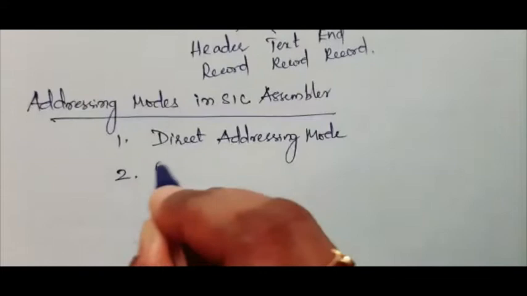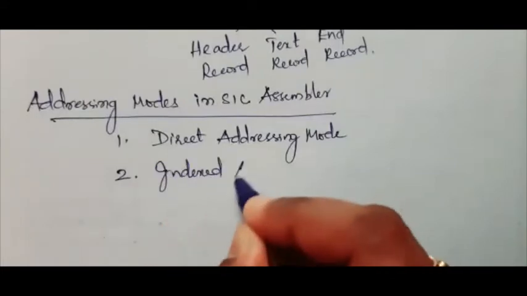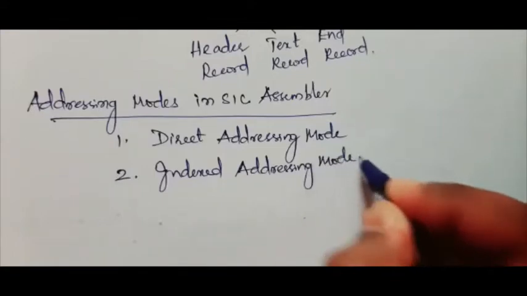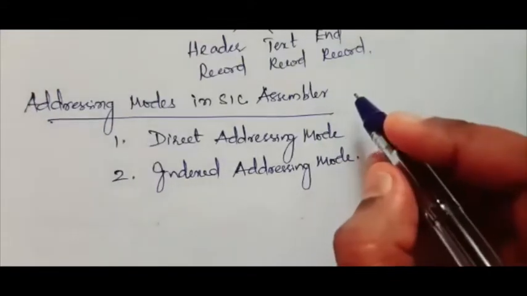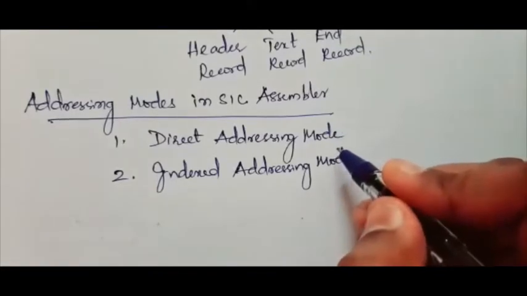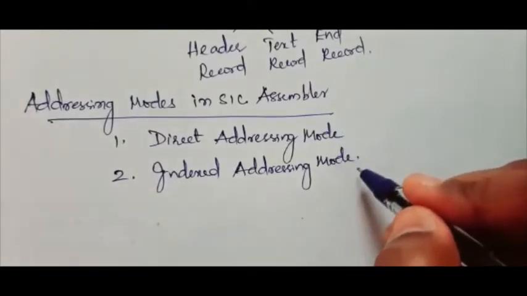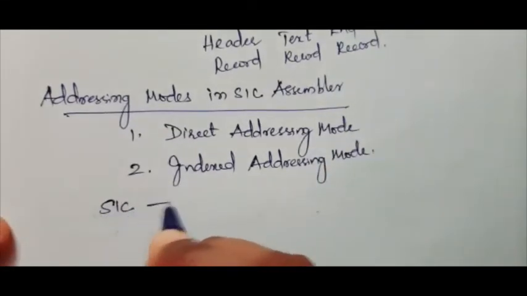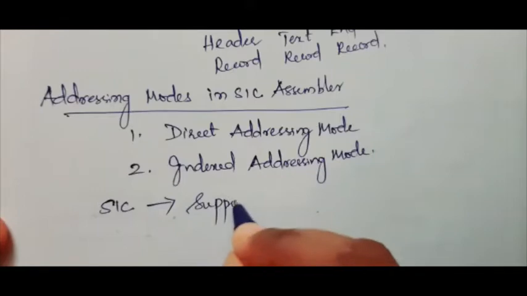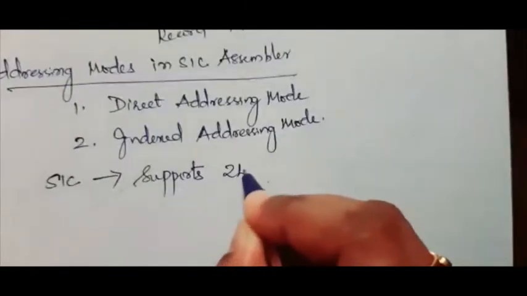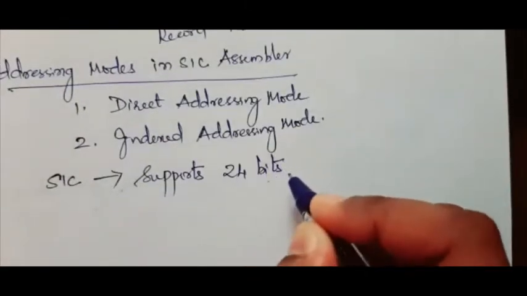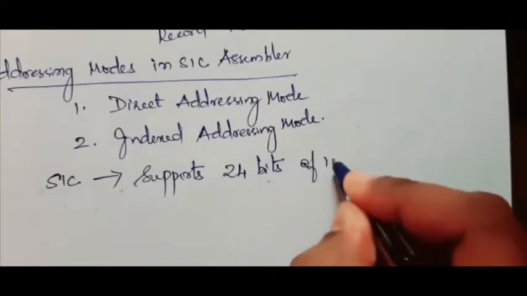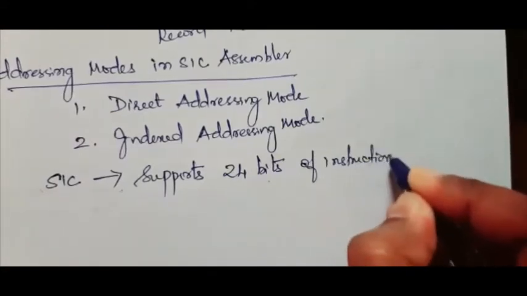Number two is indexed addressing mode. So there are two addressing modes available. As we know, SIC assembler supports 24 bits of instructions.